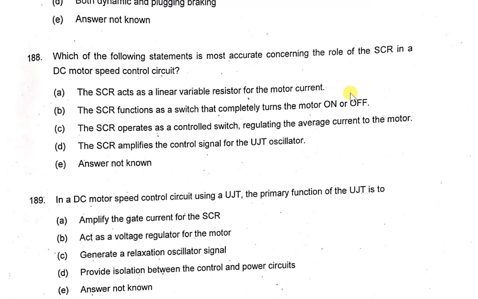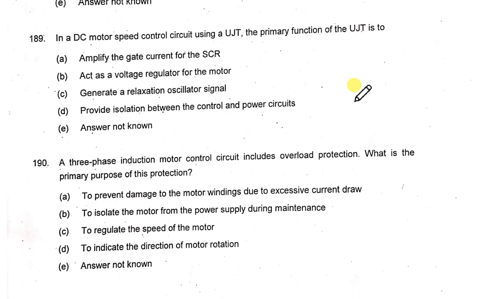The SCR operates as a control switch regulating the average current to the motor. In a DC motor speed control circuit using a UJT, the primary function of the UJT is to generate a relaxation oscillator signal.